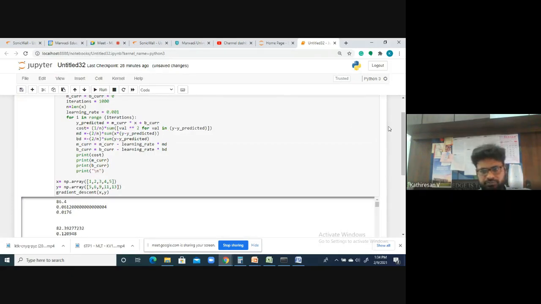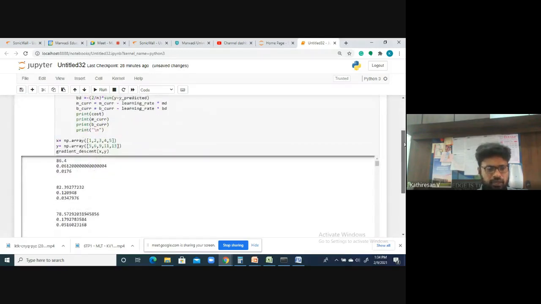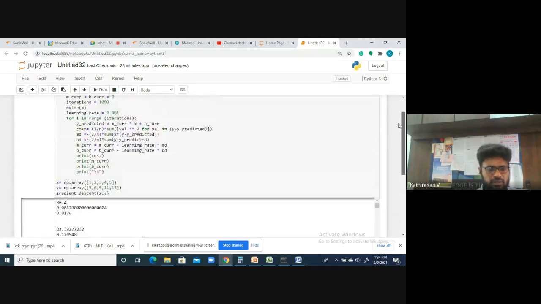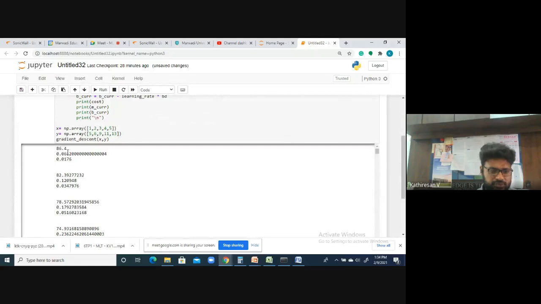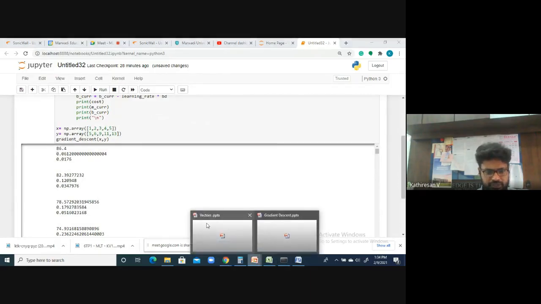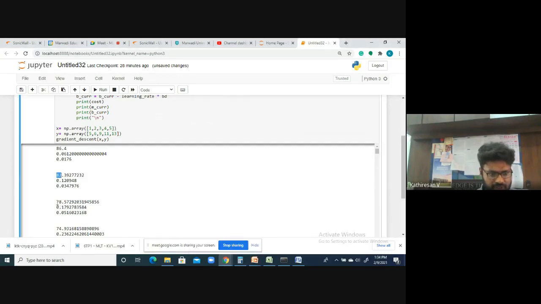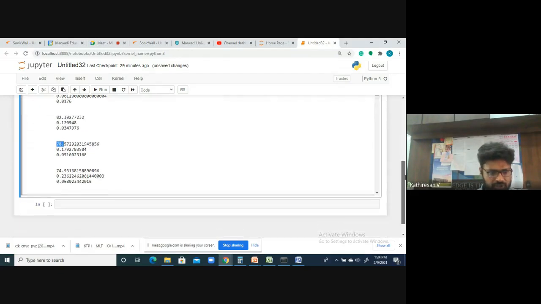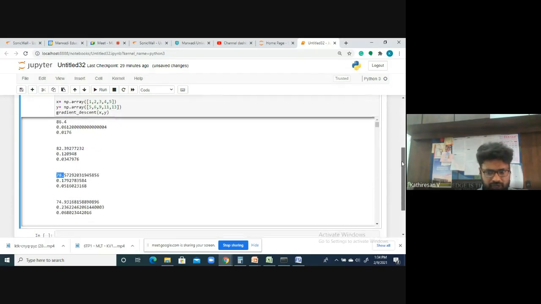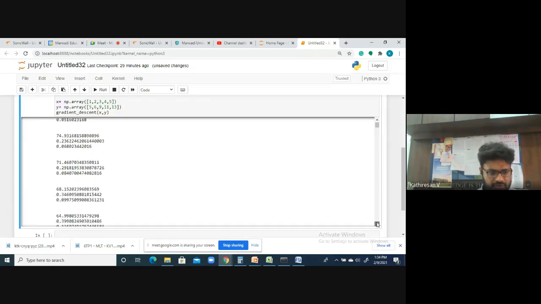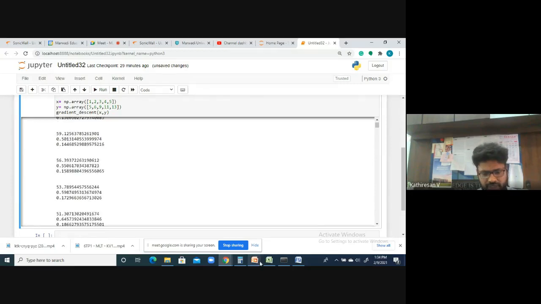Okay, see, initially the cost is 86.4. Then it is getting reduced: 82, then 78, then 74. Likewise it is getting reduced, right? 68, 64, 61, 59. See, it is reducing.